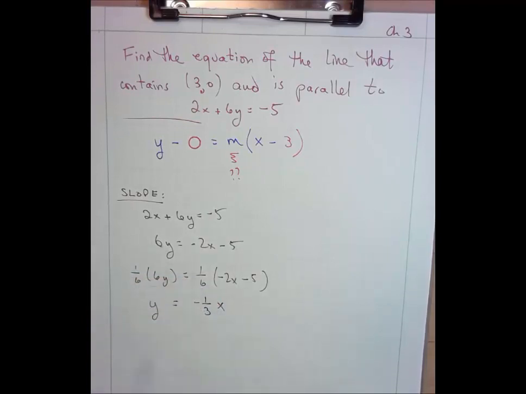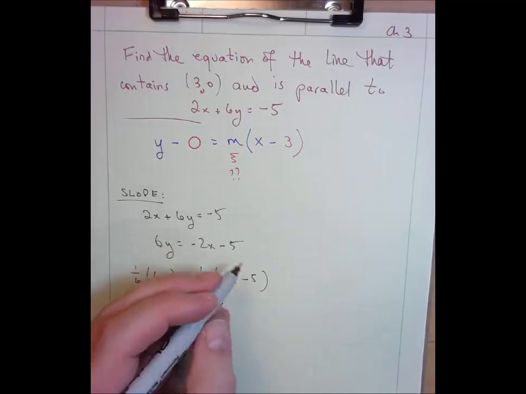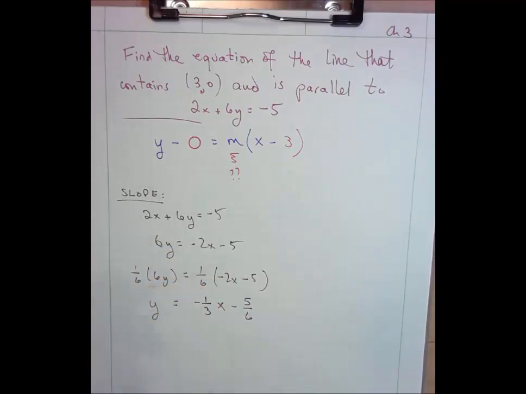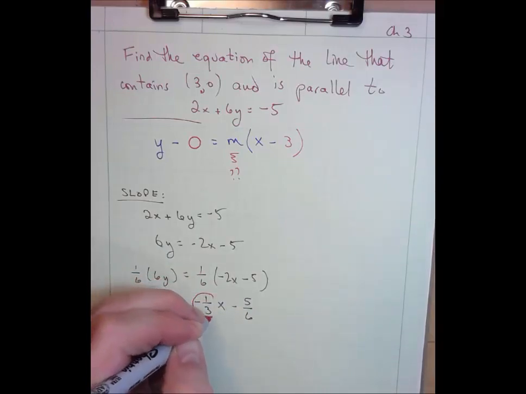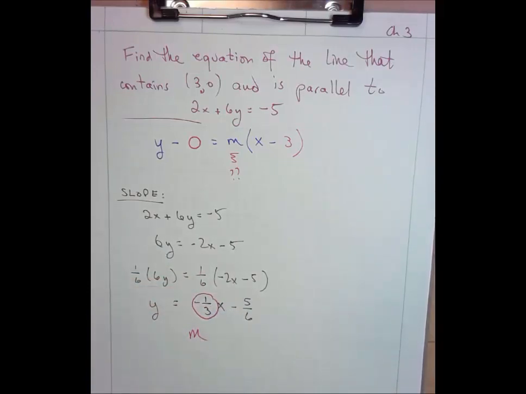The x is still there multiplied. And then this multiplication, the 1/6 times -5, is -5/6. The number we want out of here is this. -1/3 is the slope of the line that's parallel to ours, which means it also has to be the slope of our line.